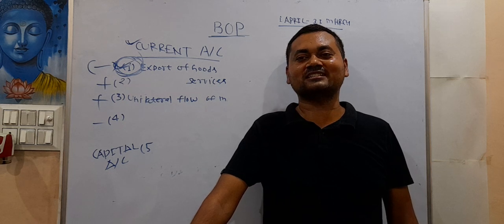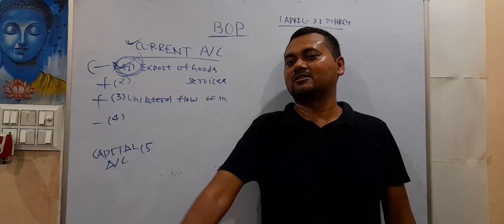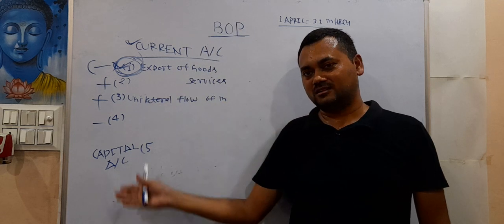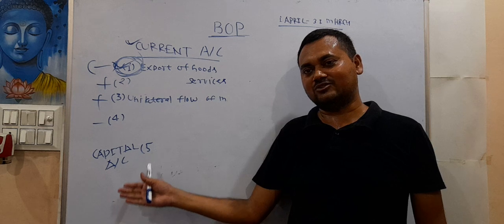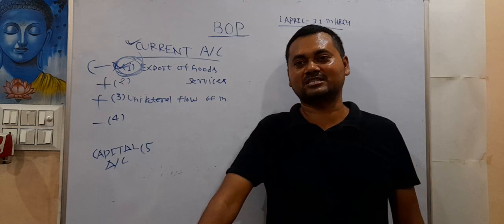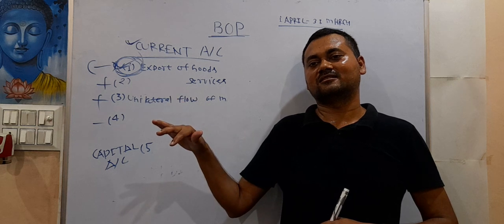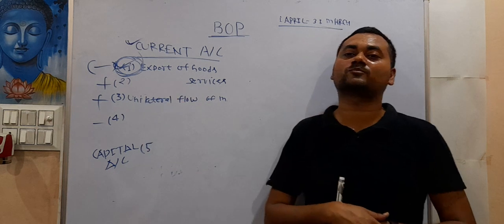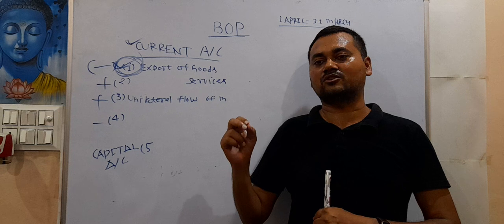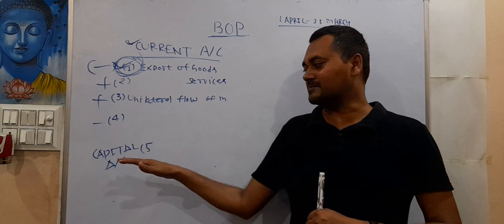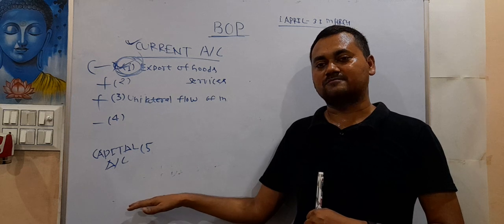Is it possible for him to bring those hundreds of crore rupees into India? No, it is not possible, because this transaction is capital in nature. It comes under the capital account.